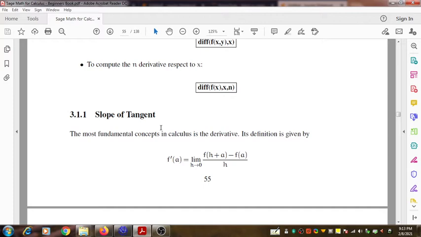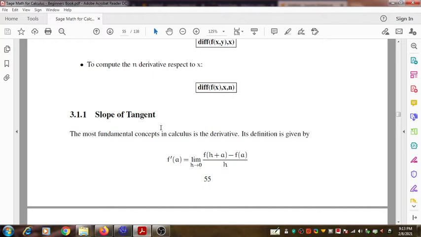What do we mean by this? By this formula we mean that we are finding the limit of the expression f(a plus h) minus f(a), divided by h, as h tends to 0. We allow h to tend to 0 and take the limit.